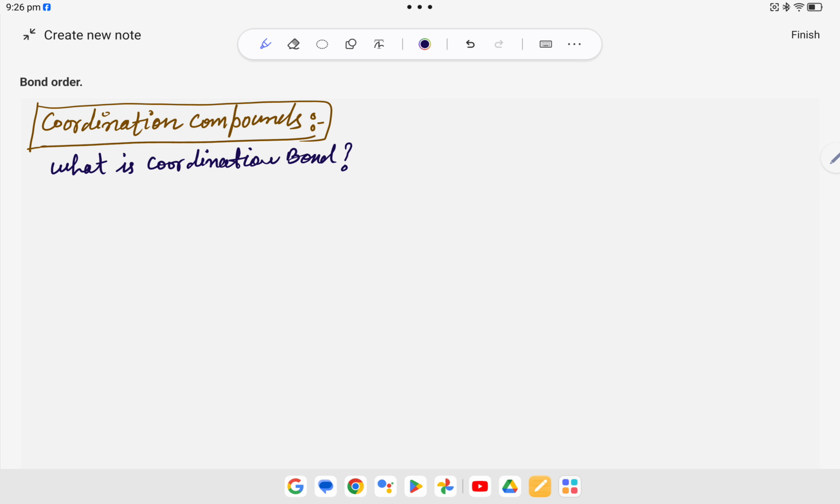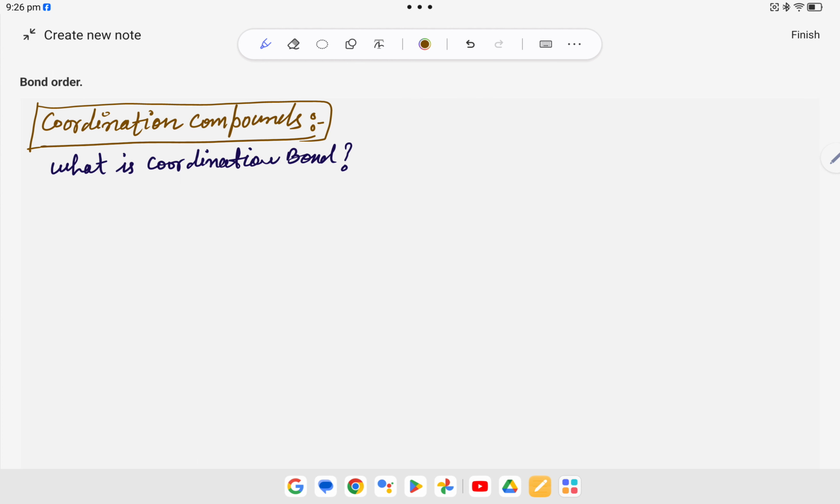Because if you don't know about the coordination compound, then it is a waste to explain Werner theory first. It's my opinion. I am not complaining about any other faculties. But first you have to be aware of the coordination compound, children. Okay, so what is coordination bond?